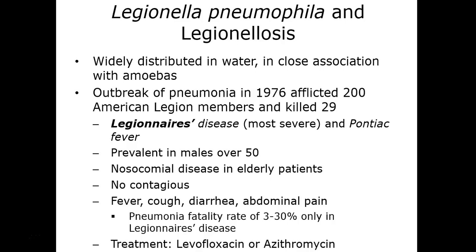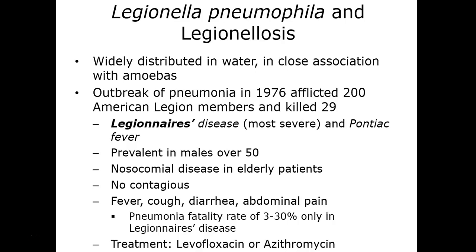They tested the food, they tested the water at the convention, and ended up finding out that it was being acquired from the air conditioning system in the building. So this particular pathogen is often associated with waterborne aerosol particles from things like air conditioning units, and even the produce misters at the grocery store have been known to spread cases.